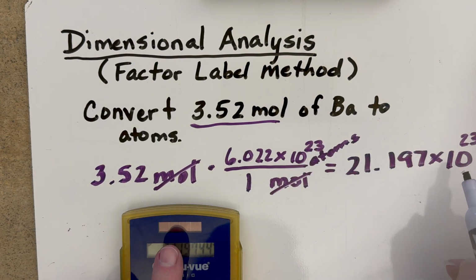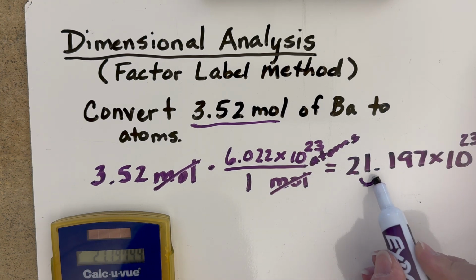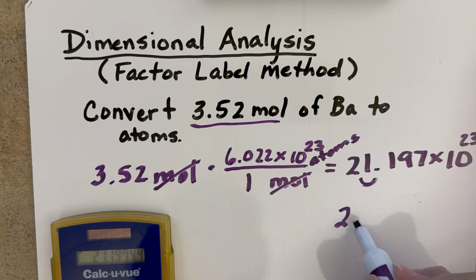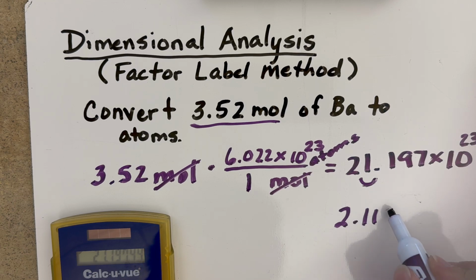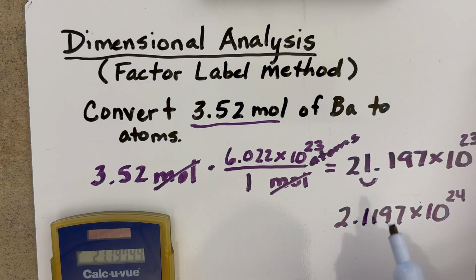Now this is not in scientific notation, so I'm going to have to move that decimal over 1 place. So it's going to be 2.1197 times 10 to the 24th, because I moved it over 1. And then if the number gets smaller, the exponent gets bigger to compensate.